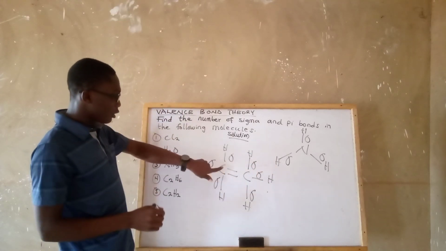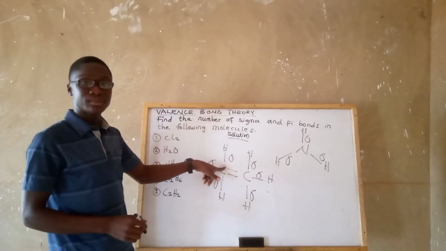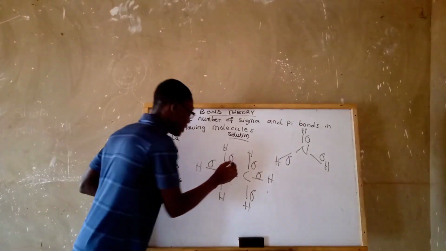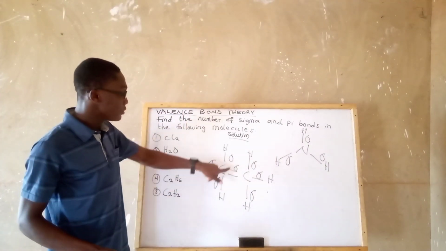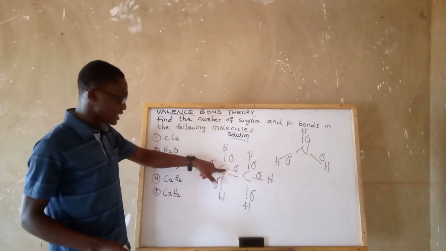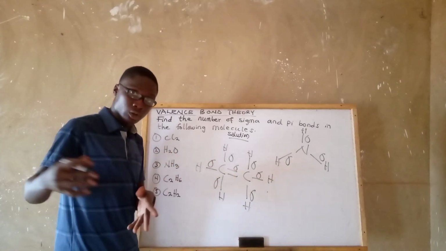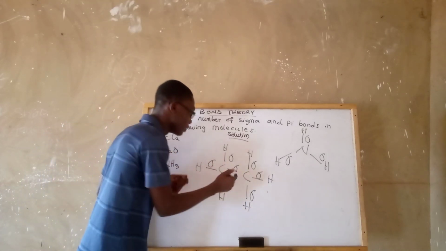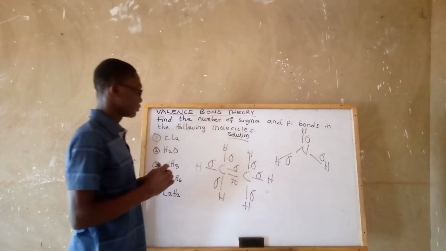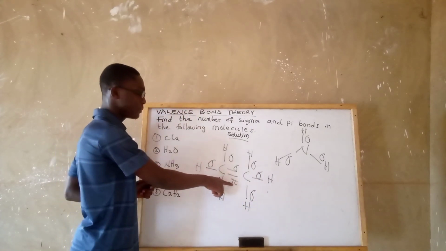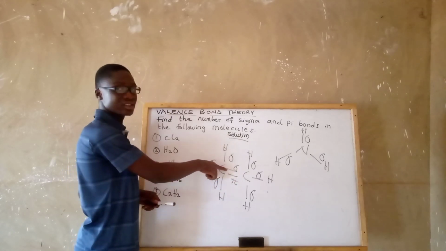And now, for these two, the first bond is a sigma bond, and the rest of the bonds become pi bonds. So the first bond is always a sigma bond, then the rest of them will be pi bonds. So we have only one here. This will be a pi bond, and this will be a sigma bond.